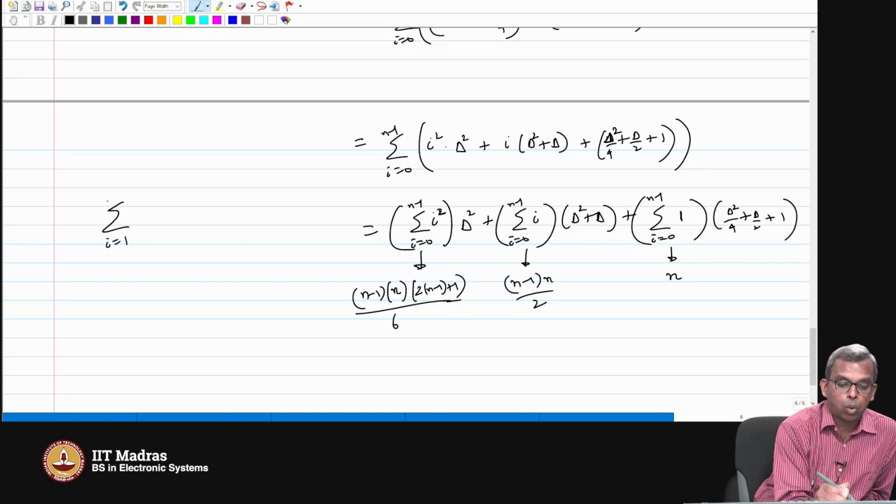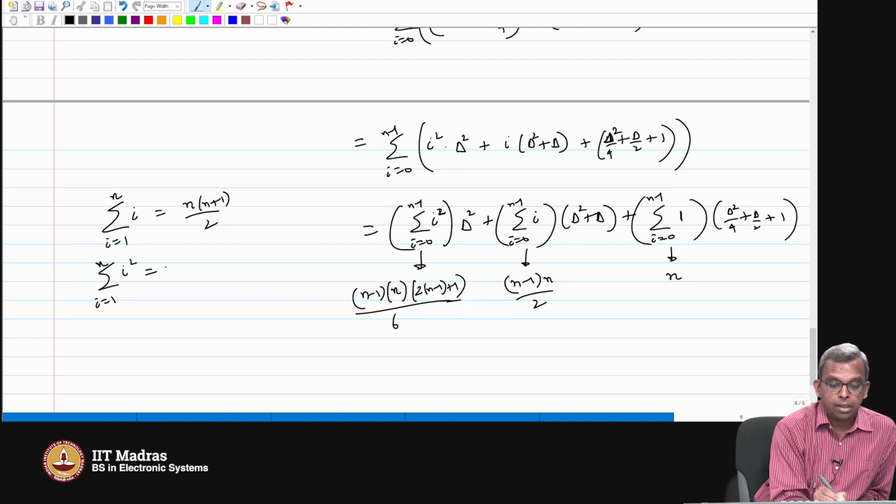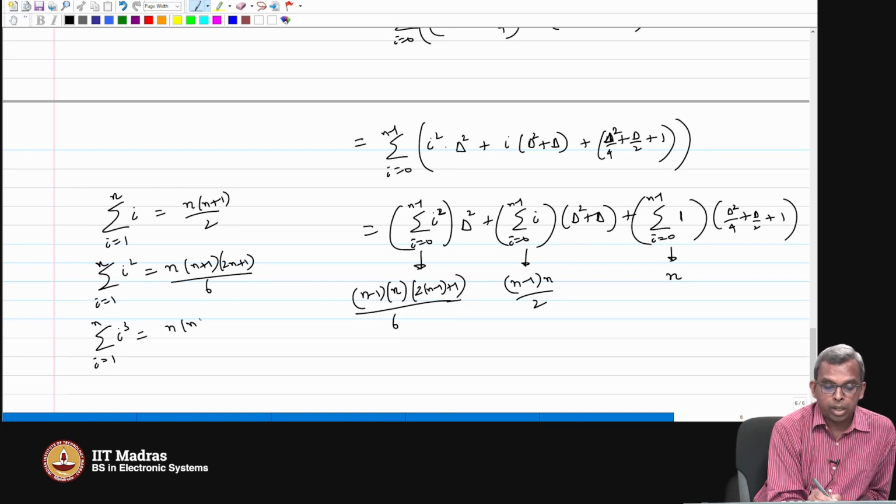Summation i equals 1 to n of i is basically n into (n plus 1) by 2. Summation i equals 1 to n of i squared is n into (n plus 1) into (2n plus 1) by 6. Summation i equals 1 to n of i cubed is (n into (n plus 1) by 2) whole squared.